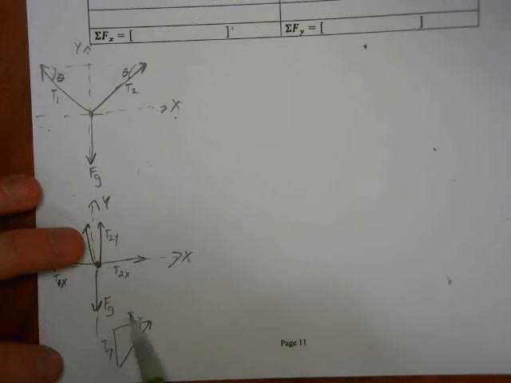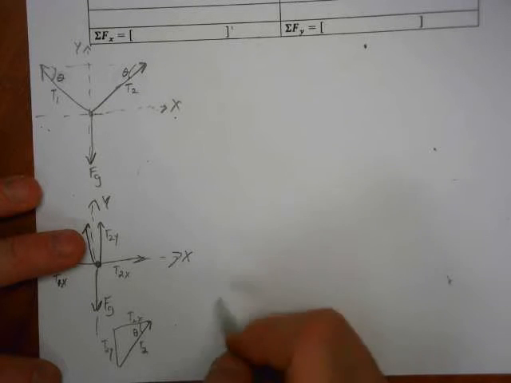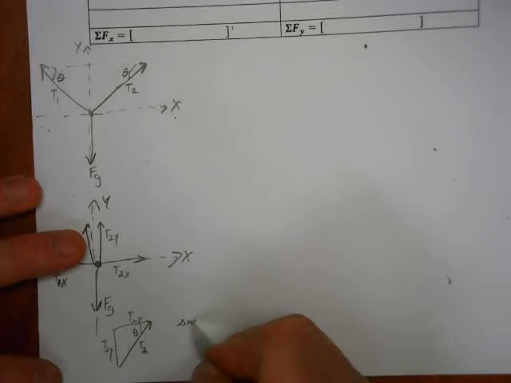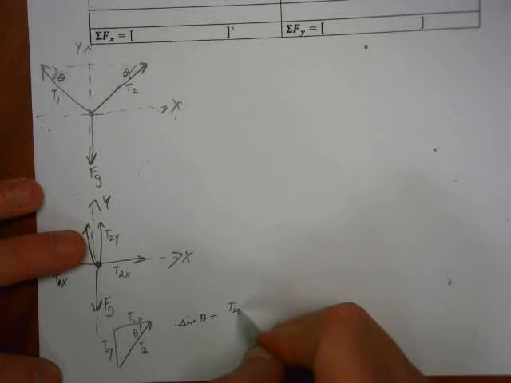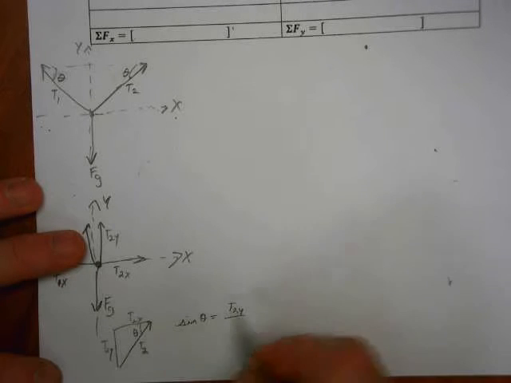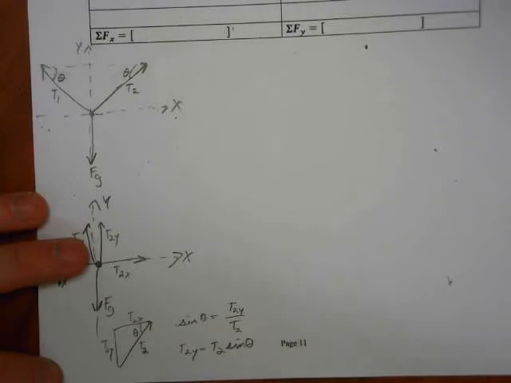So these two components are going to add together to get this hypotenuse. And we know that sine of theta equals the opposite leg to that angle, which is T2y, over the hypotenuse, which is T2. So T2y equals T2 sine of theta.